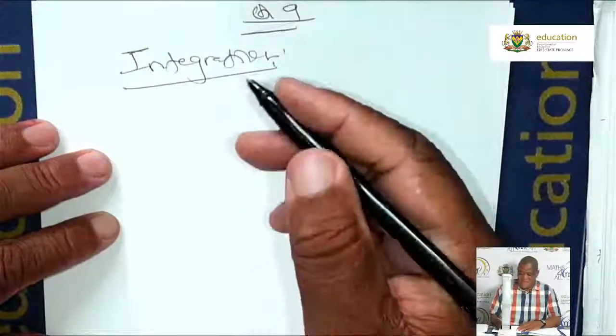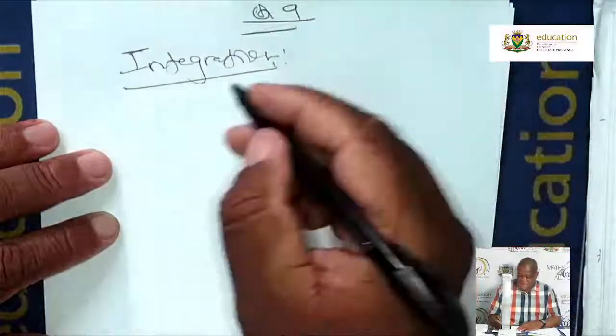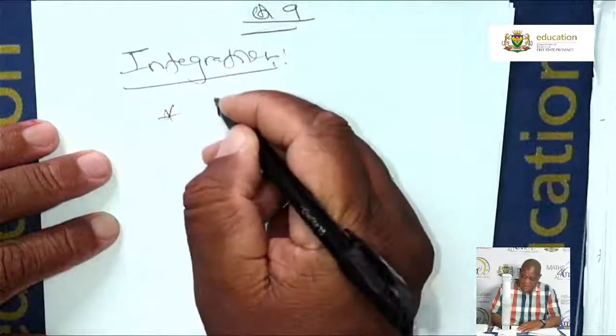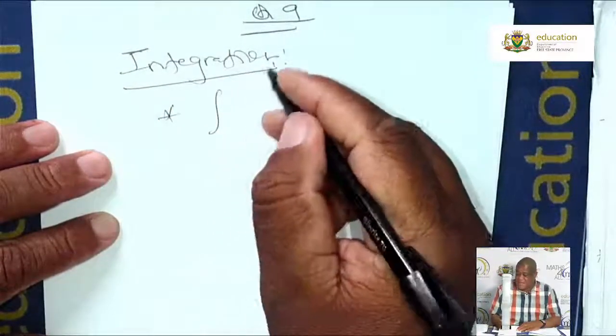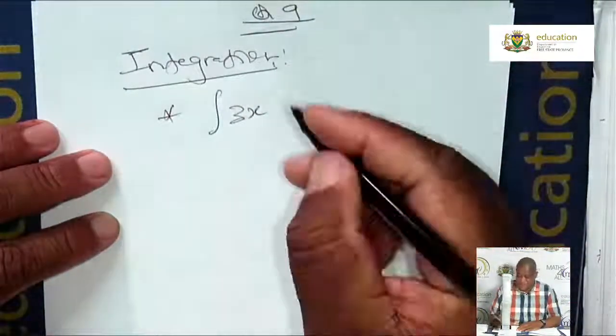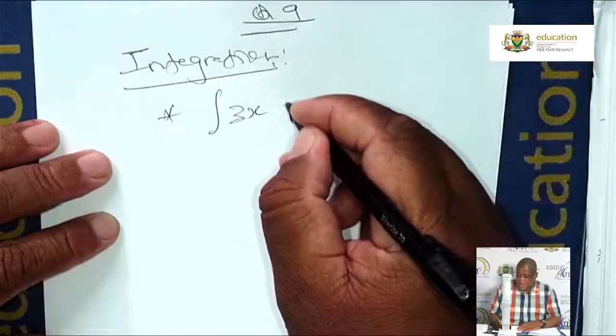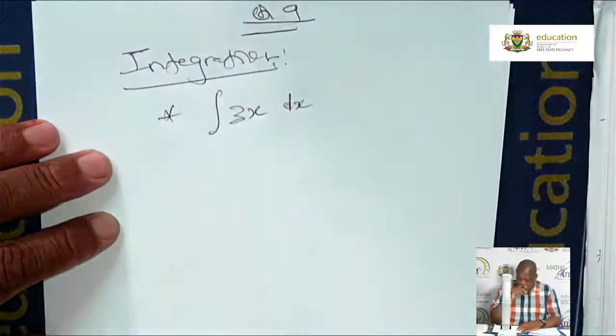sometimes it becomes very easy to collect a mark, if, let's say, they wanted the integral of 3x, so let's put it 3x dx.